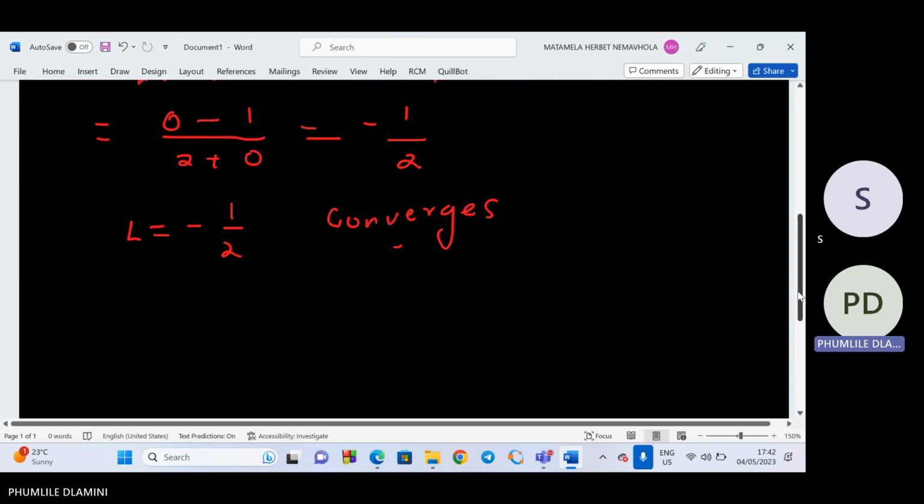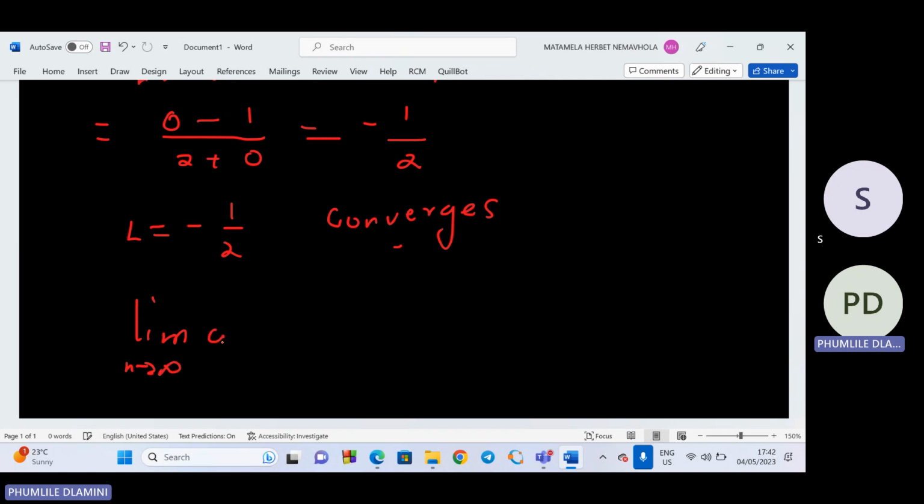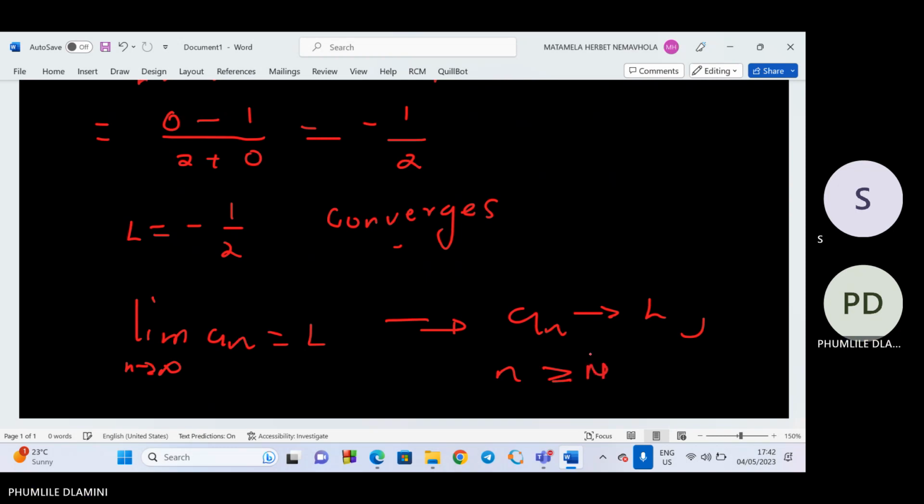A sequence that converges must have a limit as n approaches infinity, and it must be equal to L. So it implies that this a_n converges to L whenever n is greater than or equal to N. So that's how you do it.